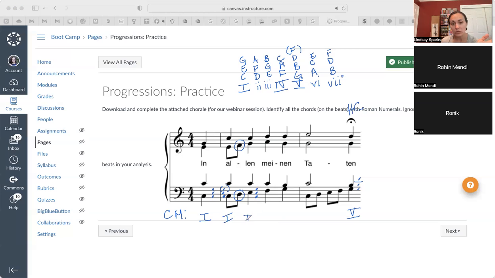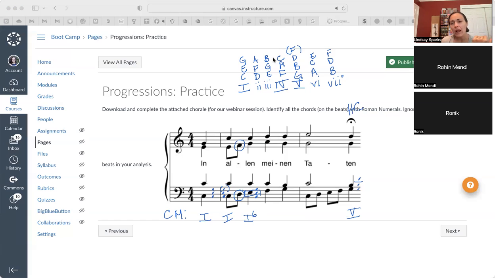So we're going to go ahead and put the Roman numeral, but we have more to add here because we have an inversion, right? So in this case, the inversion looks like the 3rd is in the bass. When we have the 3rd in the bass, it's a first inversion triad, and we know that we can put the 6 there.